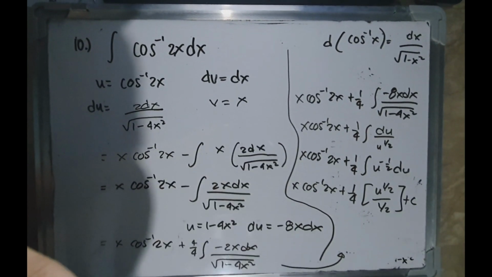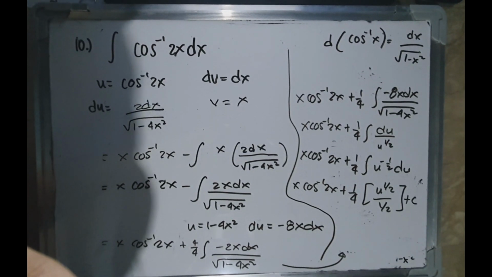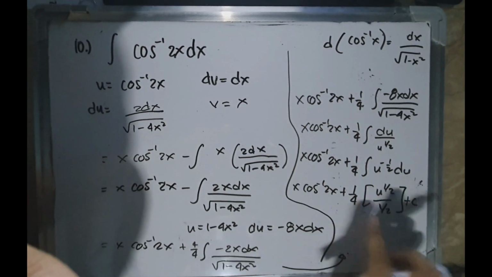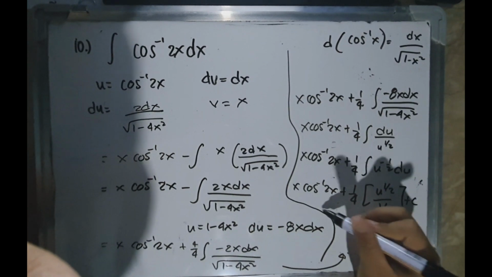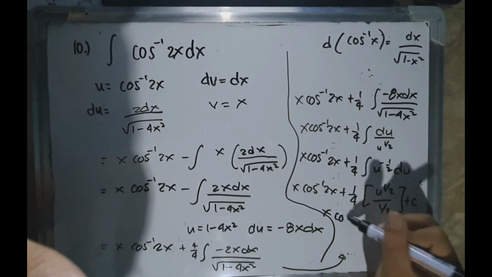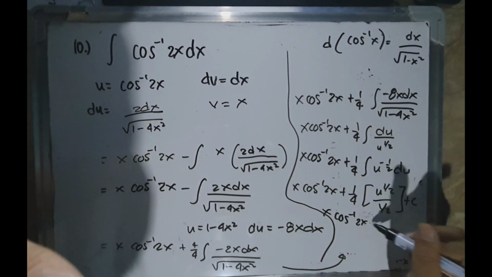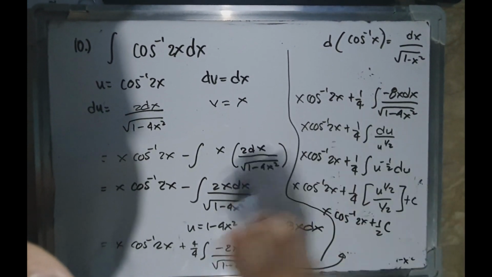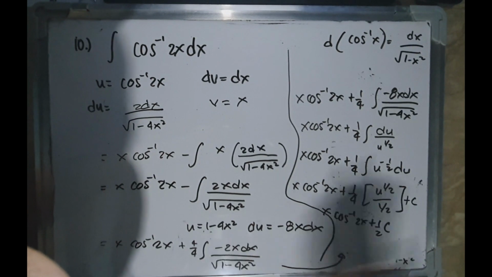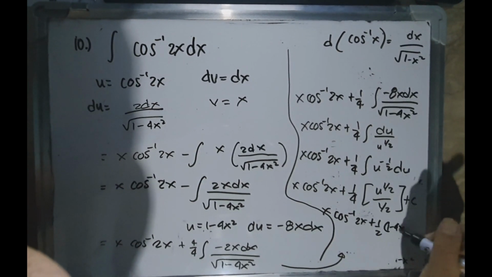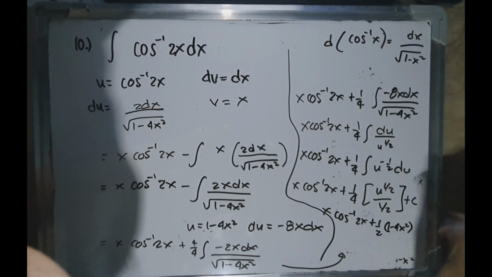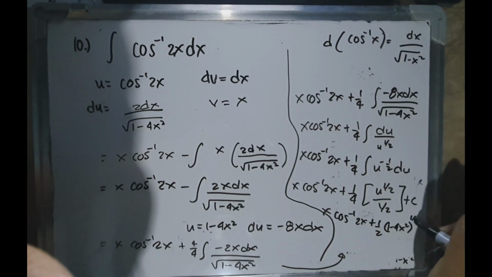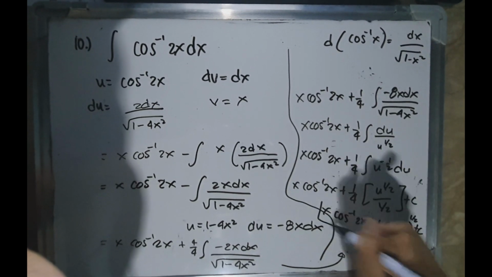Okay, so 1/4 over 1/2, that is 1/2. x arccos 2x plus 1/2, what is the u? The u is 1 minus 4x squared raised to the power of 1/2 plus c. Our final answer.